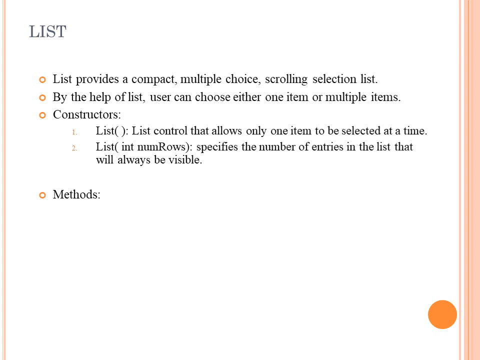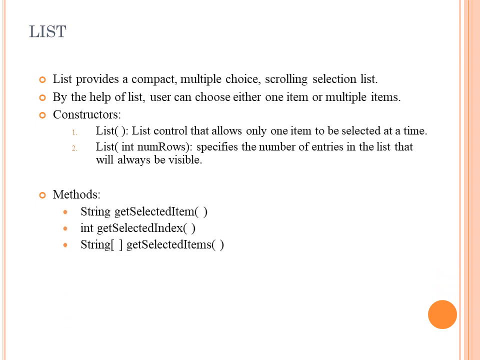which will be 3. Now let us see what are the various methods that we are going to use in a list. The various methods are: string getSelectedItem, second one is int getSelectedIndex, third one is string getSelectedItems.